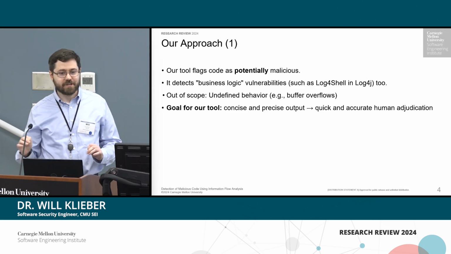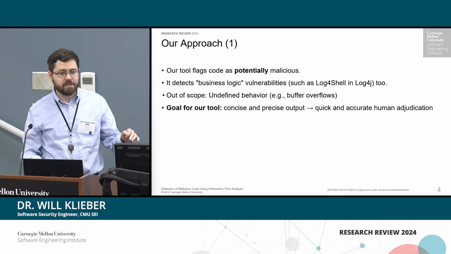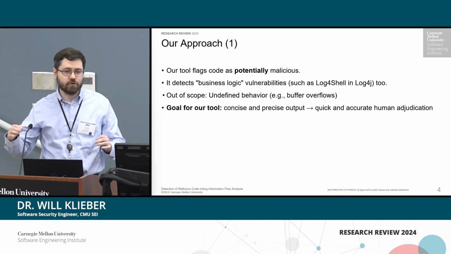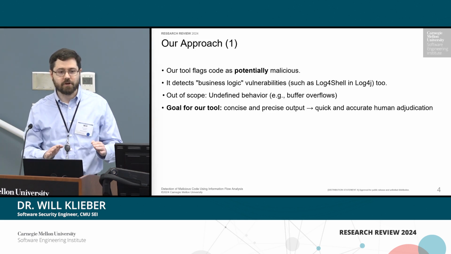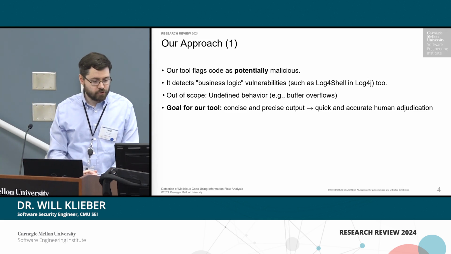With that, we would detect those flows of information to and from the remote server. Again, these business logic vulnerabilities are treated the same way as malicious code. We just detect the behaviors that are suspicious, and we flag them for further human review.